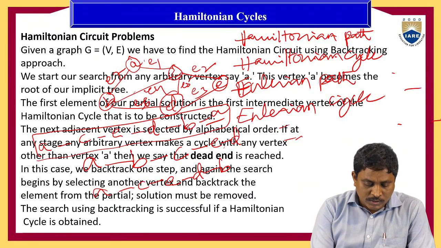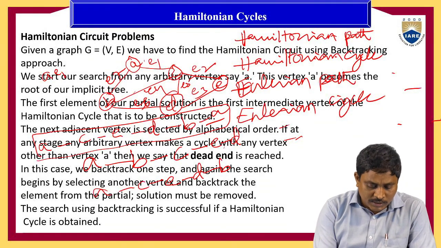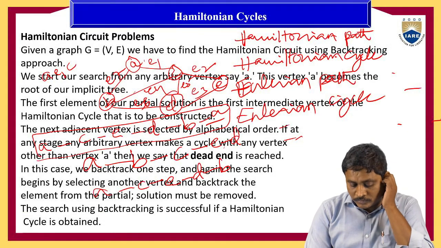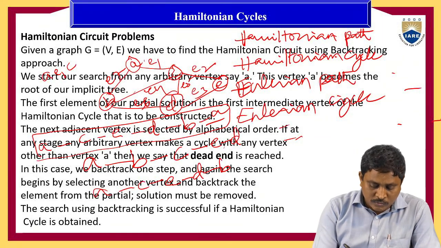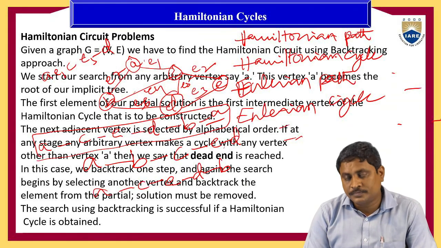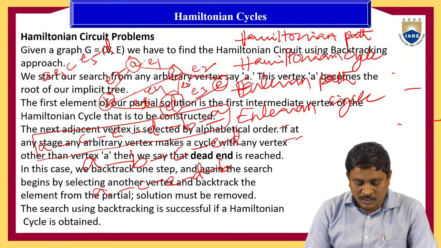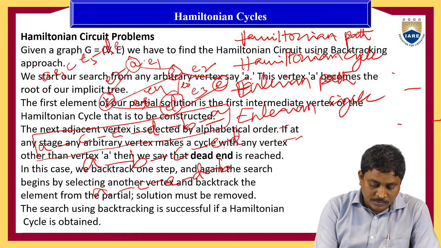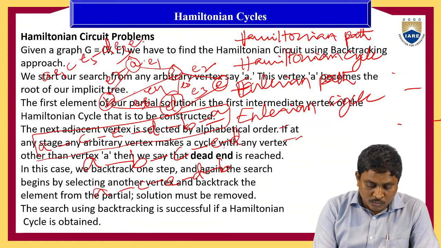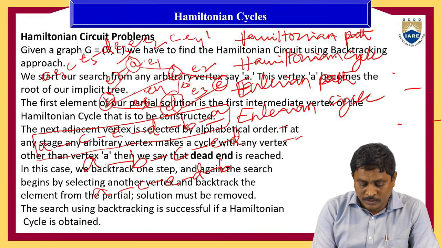Now, A, E1, C; similarly C to D, that means E5; then E3, E2, E4, E7.